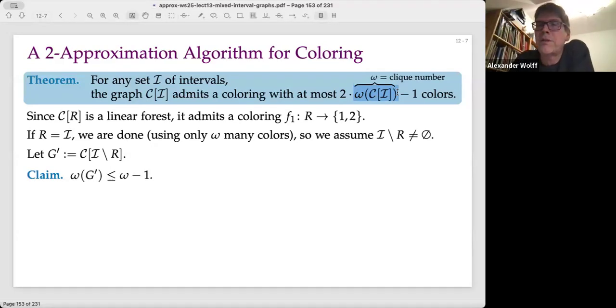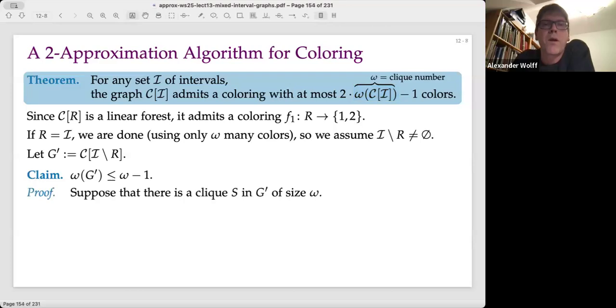That's what the statement says. Now suppose that there's a clique S in G prime, in this reduced graph, that is of size omega. So 1 too much. We try to show that there's a contradiction.